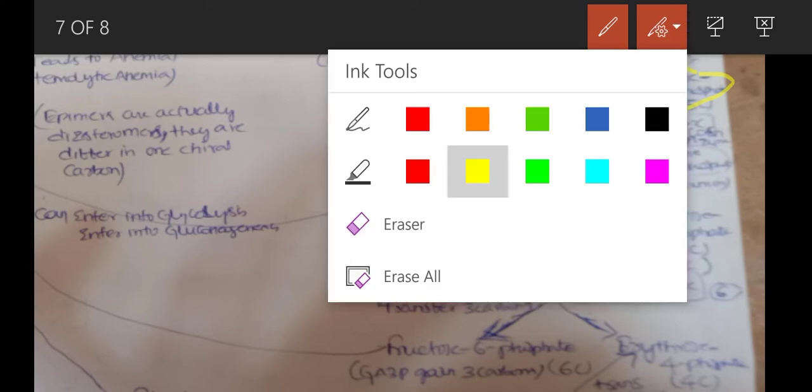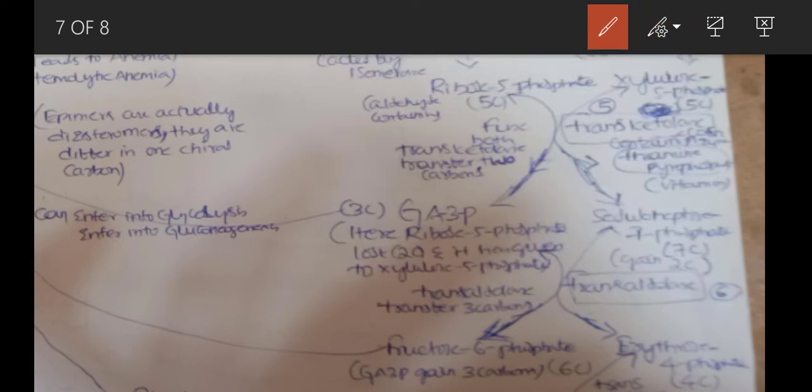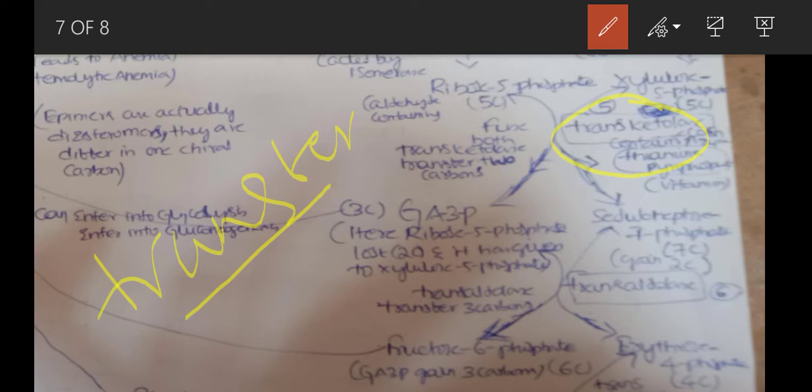In the next step there is one important enzyme called transketolase. It has two words: trans, which means transfer, and ketolase. It transfers a ketone-containing 2 carbons. For example, ribose contains 5 carbons, and it will transfer 2 carbons to xylulose phosphate.